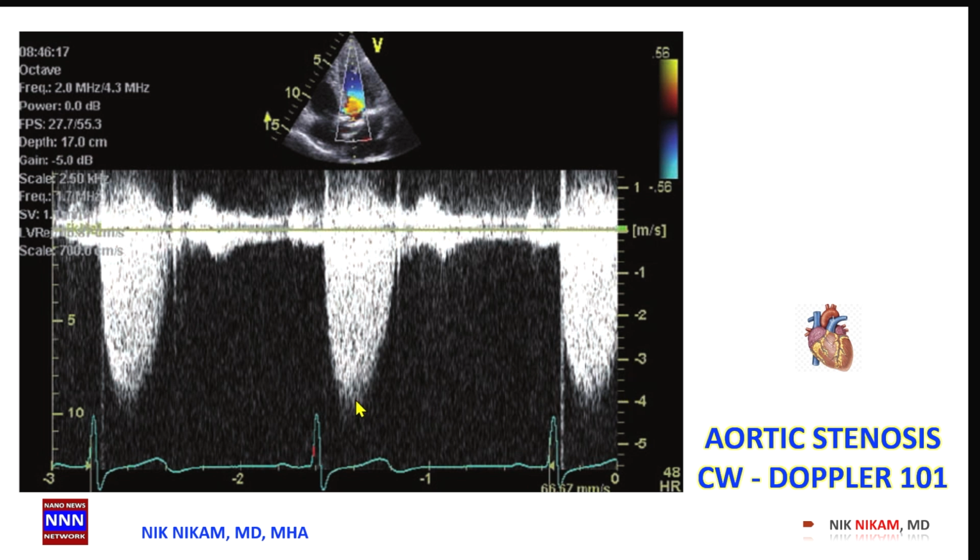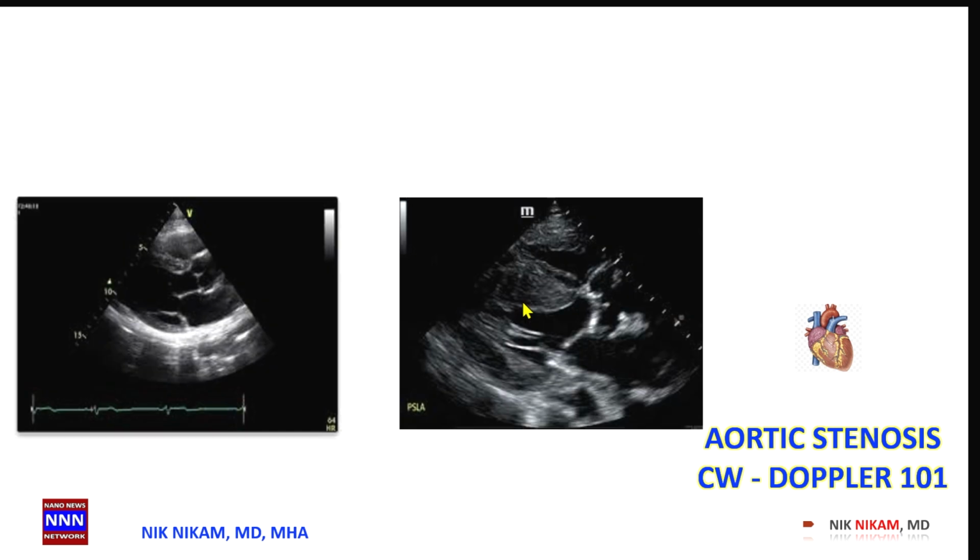And based on that, we can calculate the gradient across the aortic valve. There are multiple other parameters that we're going to be talking about when it comes to the aortic continuous wave Doppler.